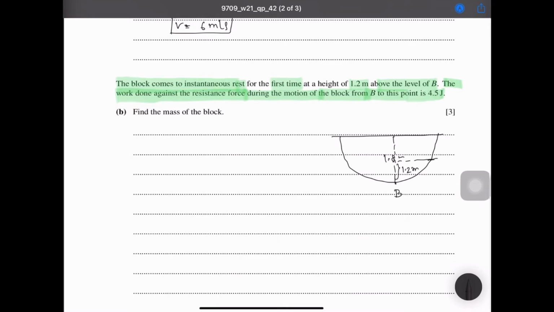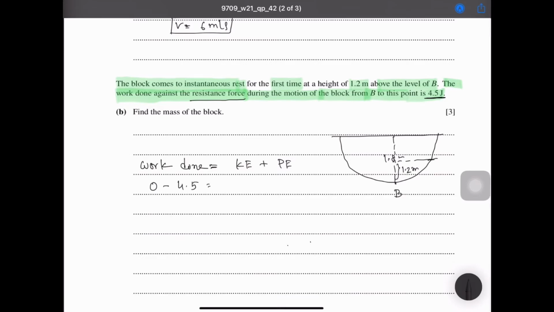The work done against the resistance when it's going up, since there is a friction, resistive force, is 4.5 joule. We know the work energy formula: total work done equals increase in KE plus increase in GPE. Work done by any other force is 0, then work done by the resistive force is minus 4.5.